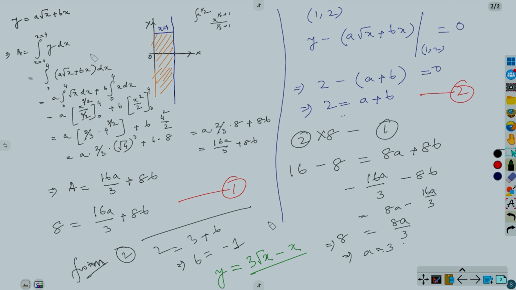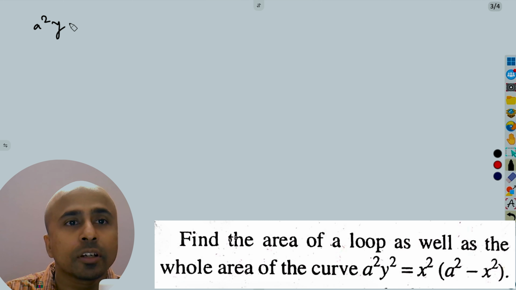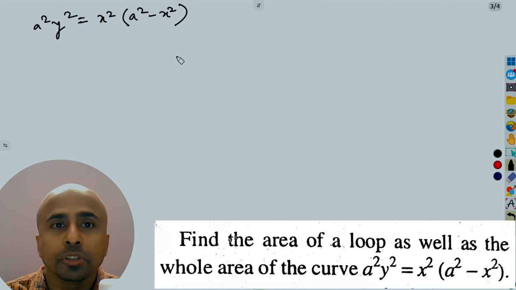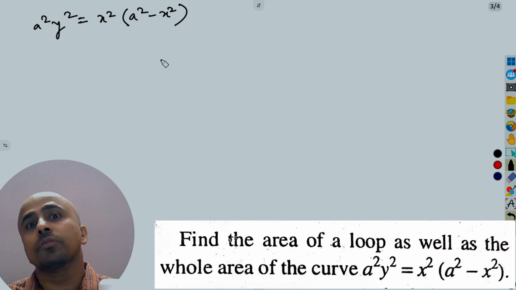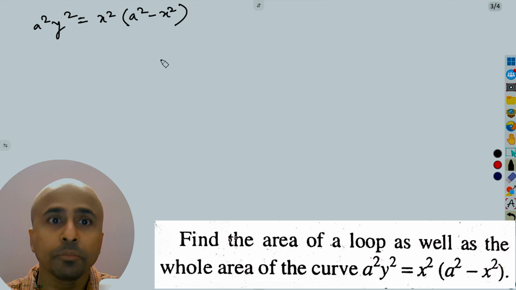Okay, in this problem you have to find the area of this curve. So by seeing the equation of this curve, what can you guess? We can guess lots of things actually. This is a very important problem for the concept.